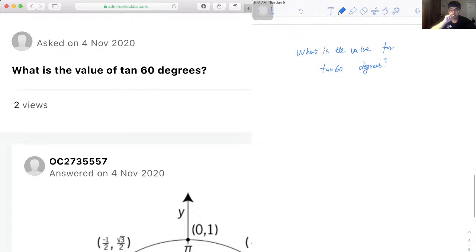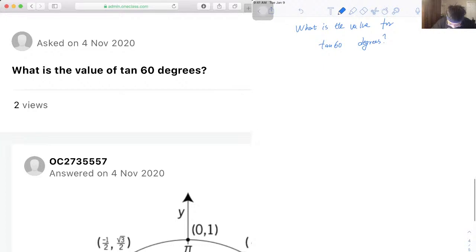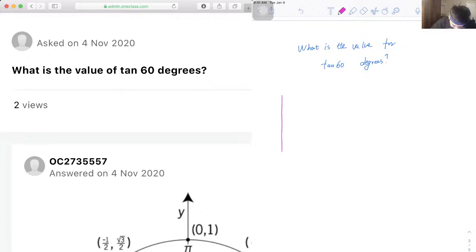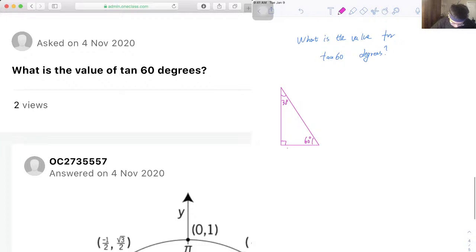Okay, so first let's draw a right triangle with a 60 degree interior angle. So that's 60 degrees, that's 30, that's 90. Okay, and let's call that ABC.